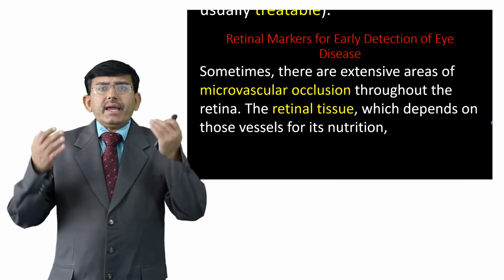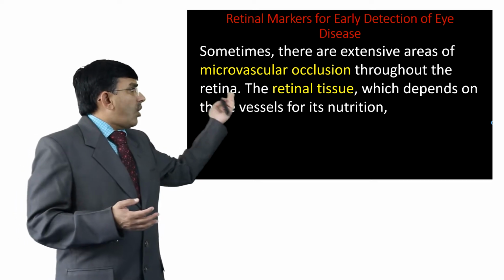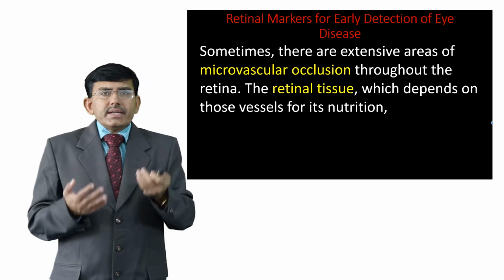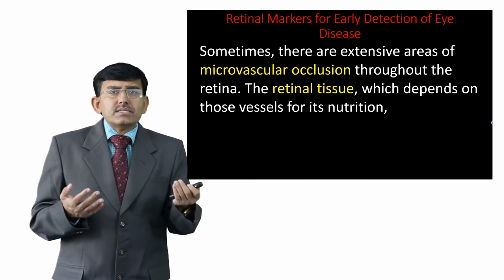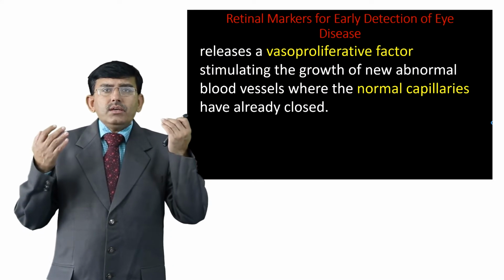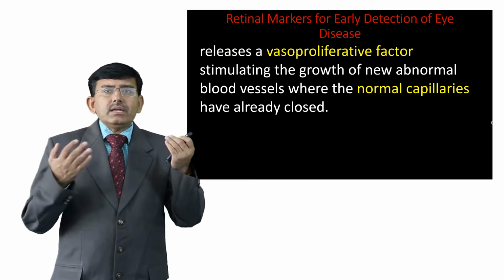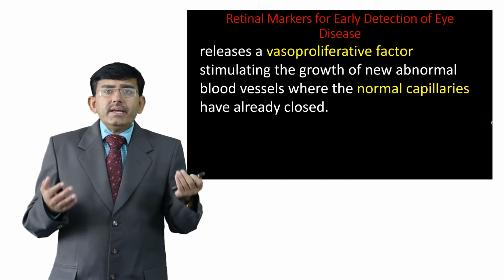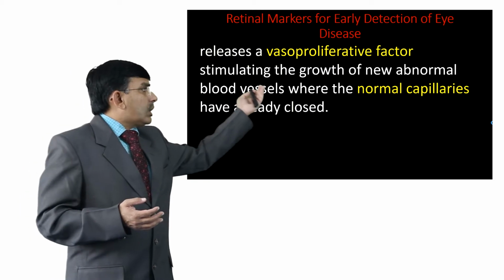Sometimes there are extensive areas of microvascular occlusion throughout the retina. The retinal tissue, which depends on those vessels for its nutrition, releases vasoproliferative factor, stimulating the growth of new abnormal blood vessels where the normal capillaries have already closed.